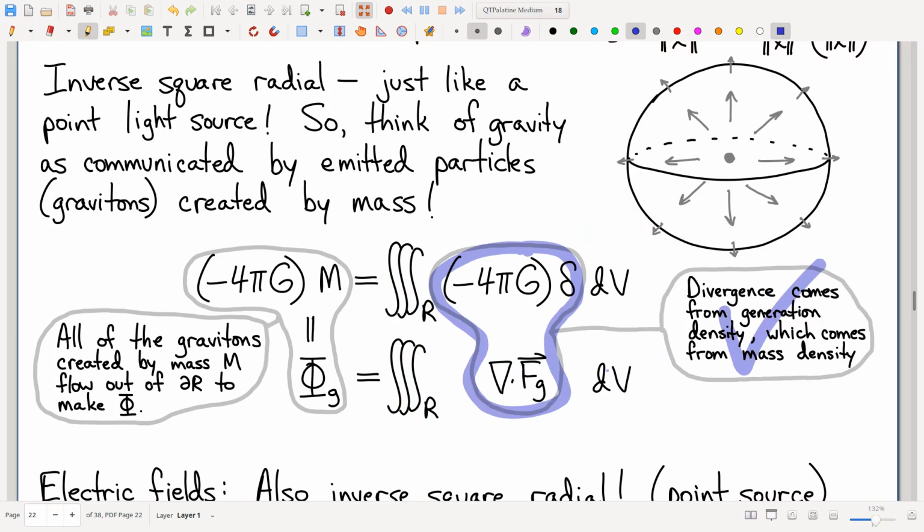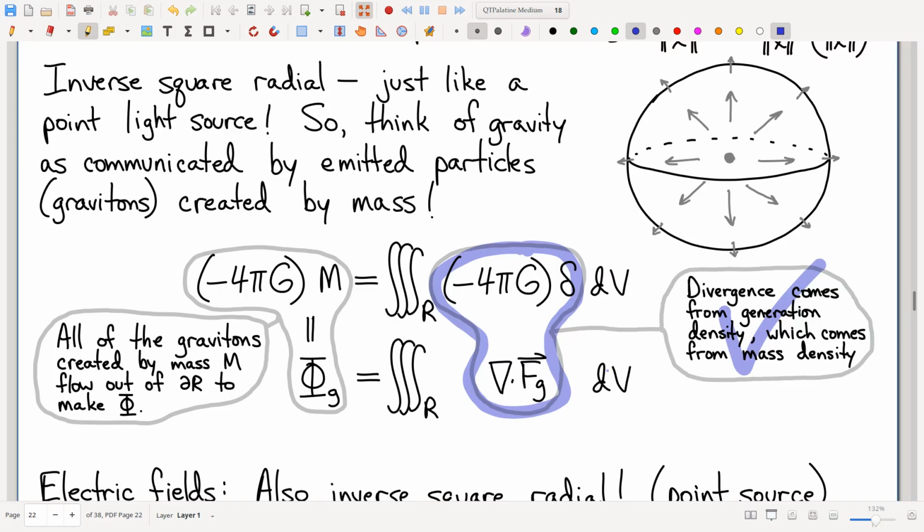No matter how your mass is arranged, your mass could be anywhere, any which way, that mass will create a horrendously complicated gravitational field, which I don't want to write down. I could write it down, but it'd be a real monster to write it down. But the divergence, proportional to density. Simple as that.